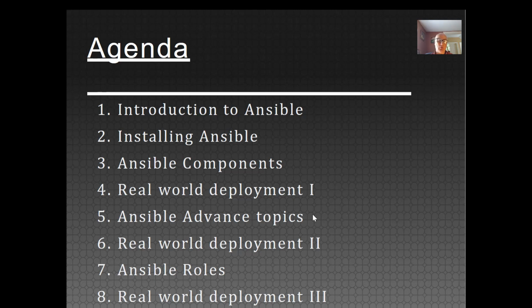Then we get into real world deployments. Then we get into some advanced topics. And we finish out with Ansible roles. Ansible roles are just a way to scale out the complexity of Ansible and to standardize all the different files and subdirectories that go into a more complex Ansible configuration.